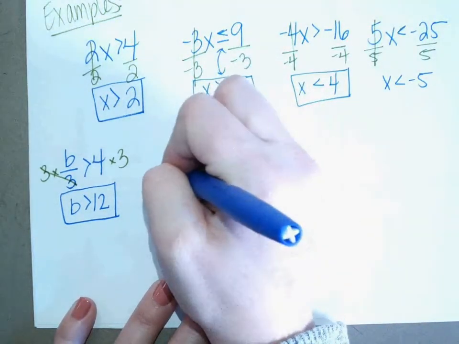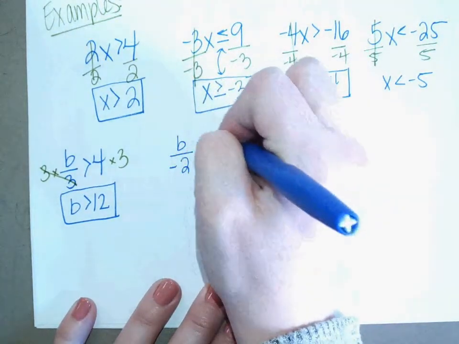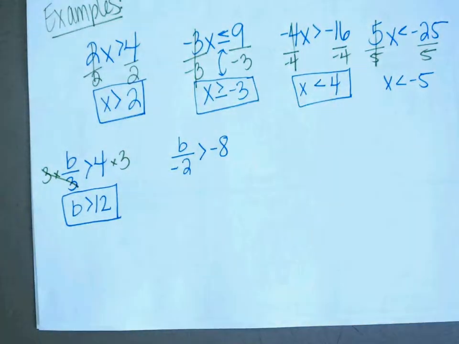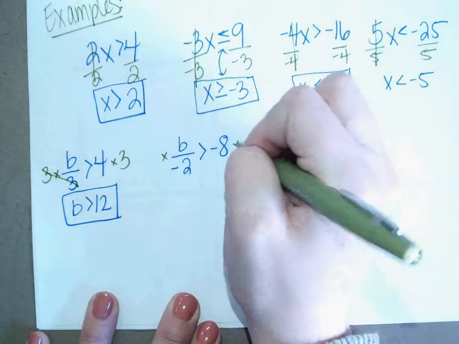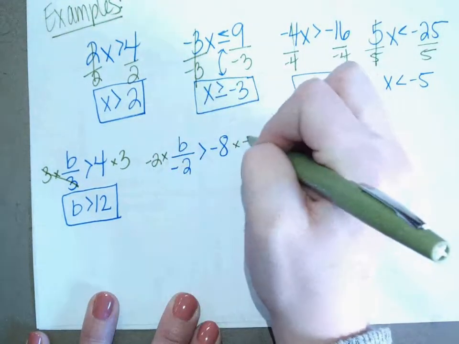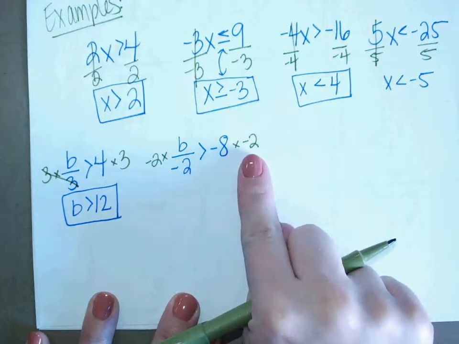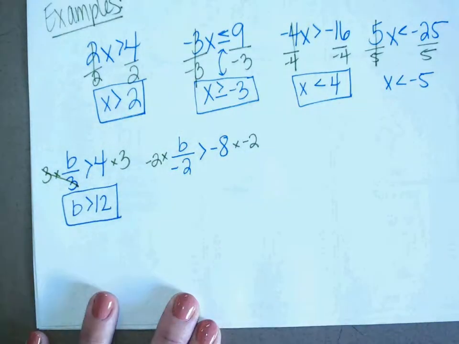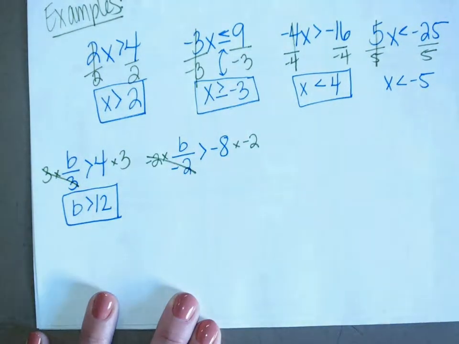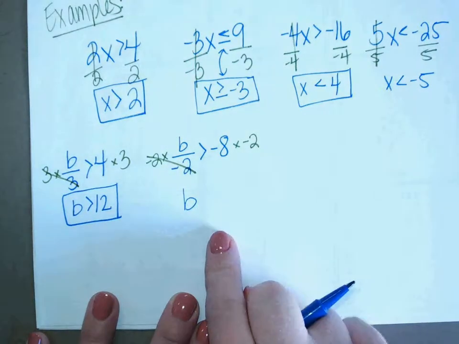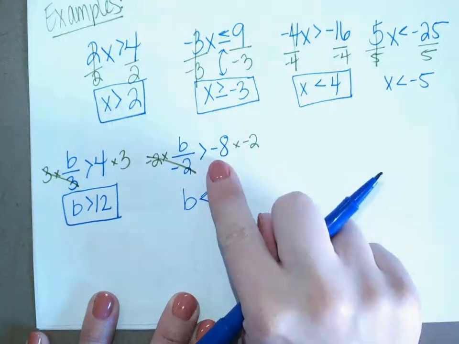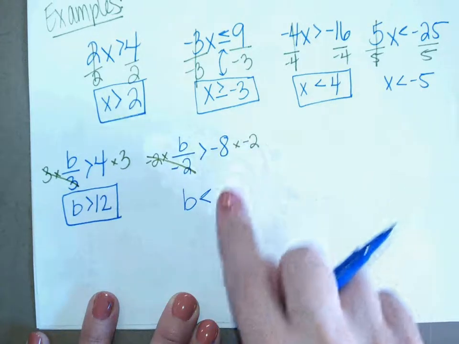b divided by negative 2 is greater than negative 8. How do you solve for b? Multiply by negative 2. Is that number that you put on both sides negative or positive? Negative. So you have to flip it. So instead of greater than, it's going to be less than. Negative 8 times negative 2 is 16.